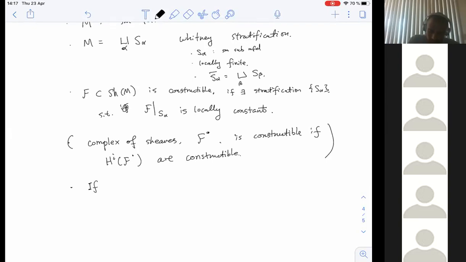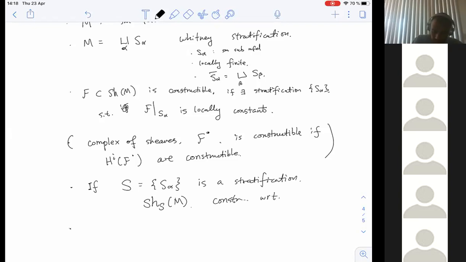So if S is a Whitney stratification, then you can consider this subcategory of sheaves where it's constructible with respect to S, constructible with respect to this stratification.